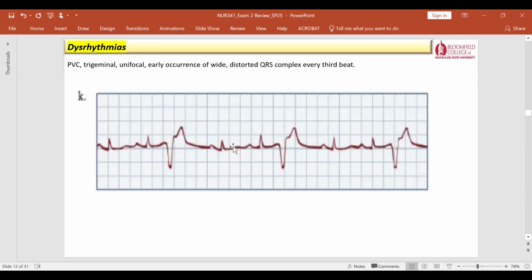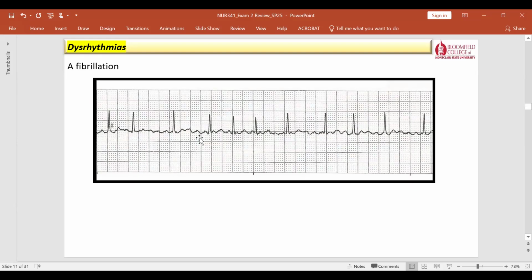And the last one here, we have a patient with... Professor, yes, I have a question. Sure. How many boxes are supposed to be between R waves, for example, in a normal sinus rhythm? Good question. There is no one specific number.